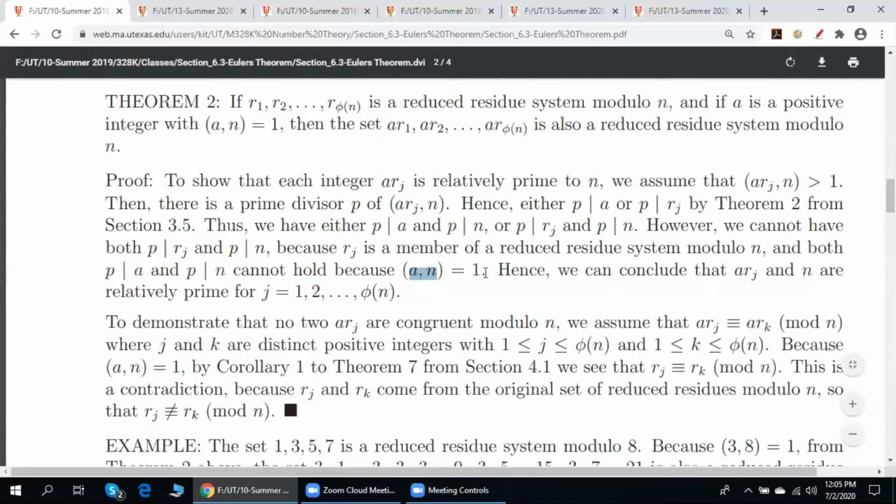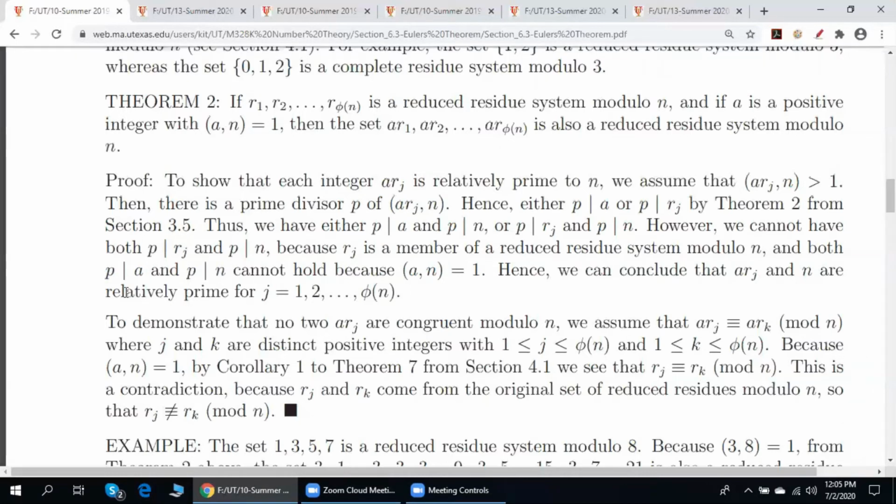So this is impossible, this is impossible. We assumed that the greatest common divisor is greater than 1 and got a contradiction. Therefore, the greatest common divisor is equal to 1. So we conclude that a r j and n are relatively prime.